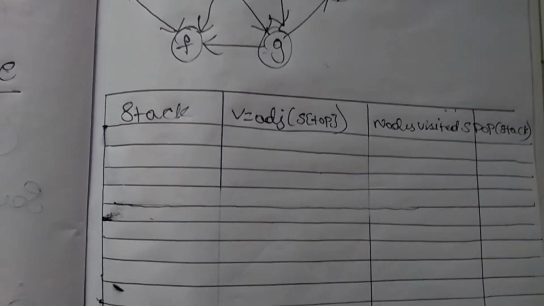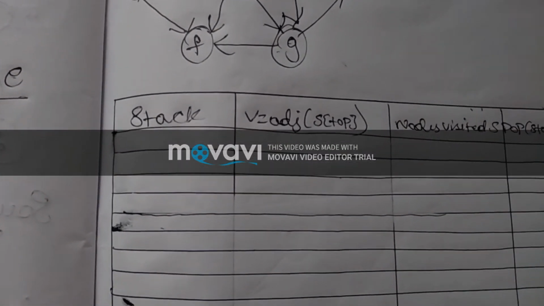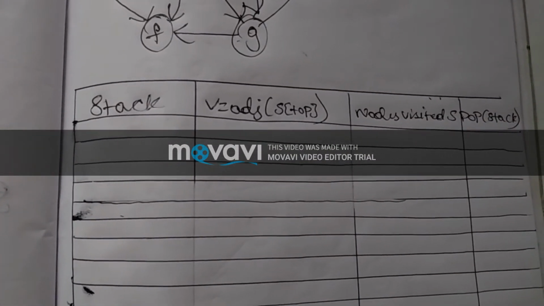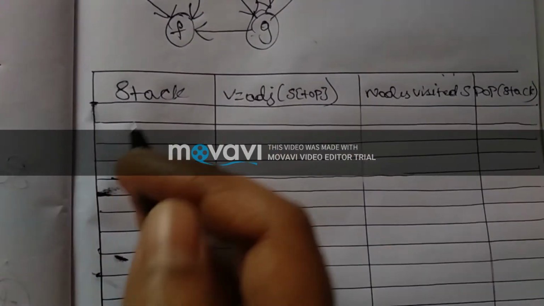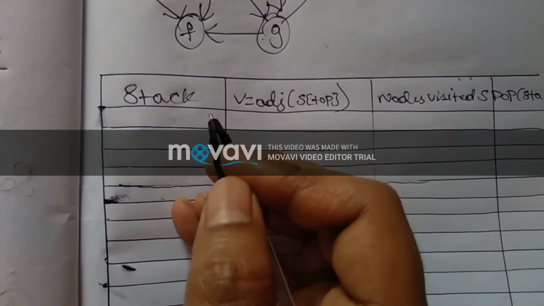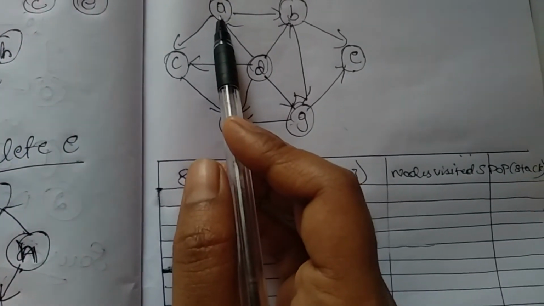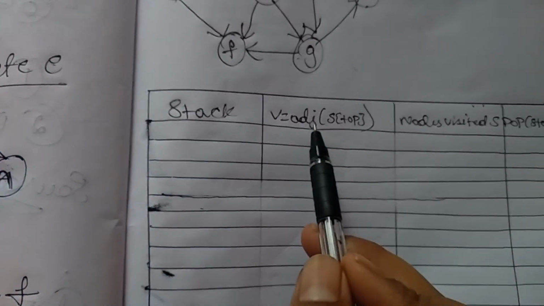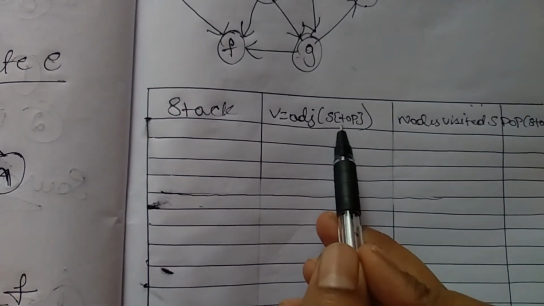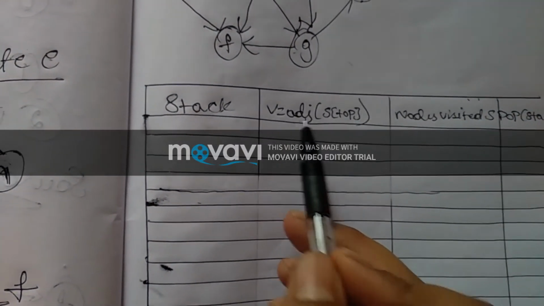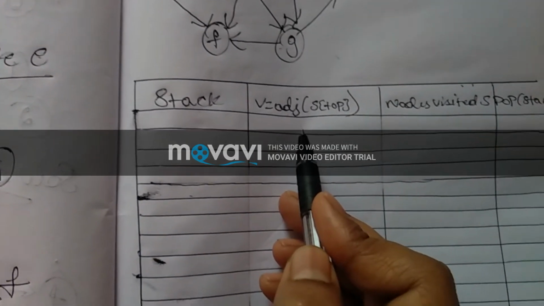So here, the very first step, you have to select any one vertex as an arbitrary vertex. I have just told you I will select the first vertex itself as the arbitrary vertex. See, it is stack V equals adjacent S of top. If any adjacent vertices are there, then you have to mark it as S of top.